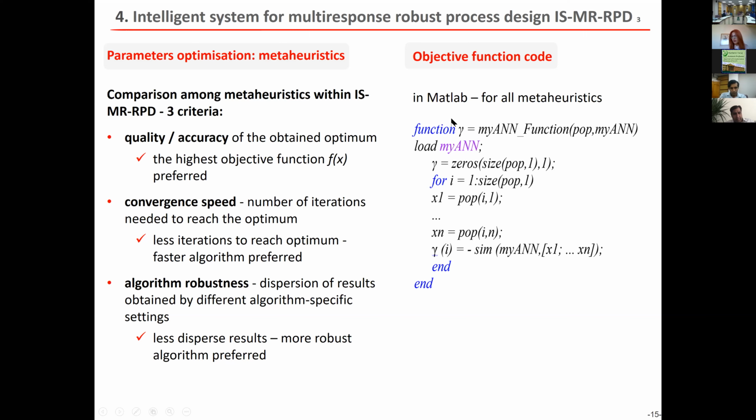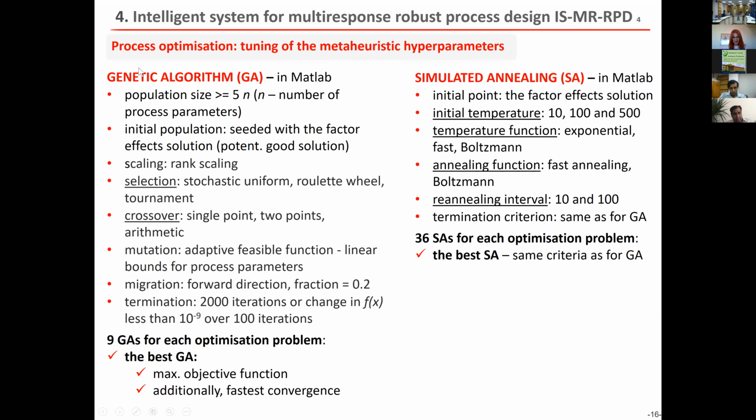Here is, in MATLAB, the pseudocode of the objective function. Here I showed several settings for the genetic algorithm. In total I ran 9 genetic algorithms with different settings. For simulated annealing, even more, 36 algorithms.